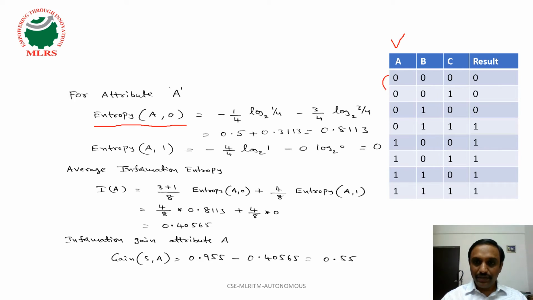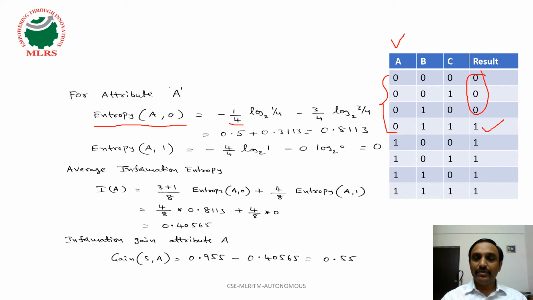In the 0 case, how many negative examples are there? 3 negative examples and 1 positive example. For attribute A, how many 0 examples are there? 4 examples, so the total number is 4.